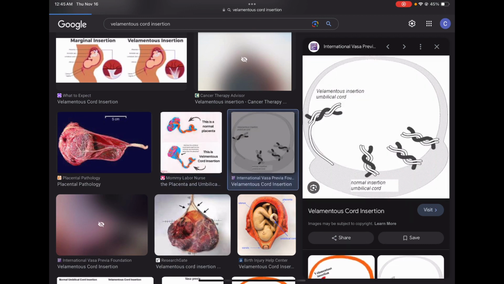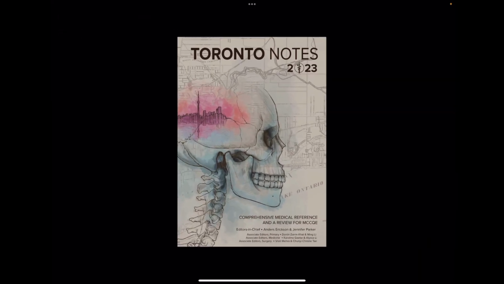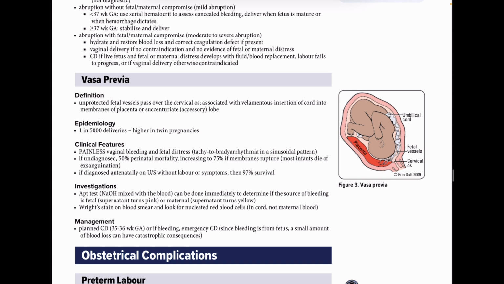So this is the normal insertion of the umbilical cord, but the filamentous umbilical cord is inserting in the membranes of the placenta and not directly into the placenta. So what does it cause? It causes exposure of fetal blood vessels, which remain unprotected. And those unprotected fetal vessels tend to be more prone to bleeding.